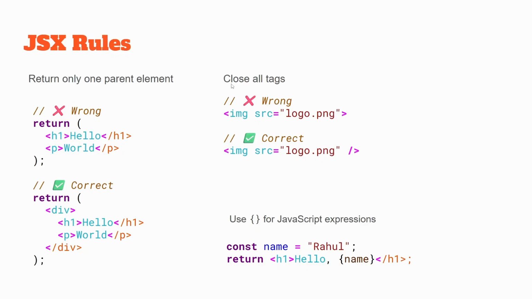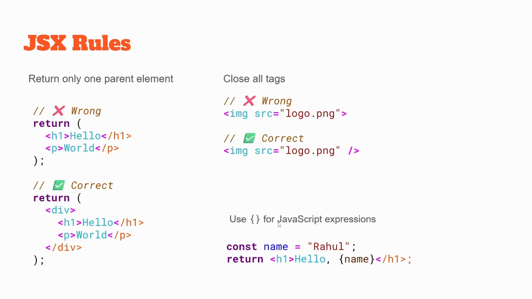Second thing, you have to close all the tags. So none of the tags should be left open. Okay, so for example, an image tag, usually in HTML we don't close it. It is self-closing. But in React, you have to close each and every tag. Okay, even a self-closing tag needs to be explicitly closed.